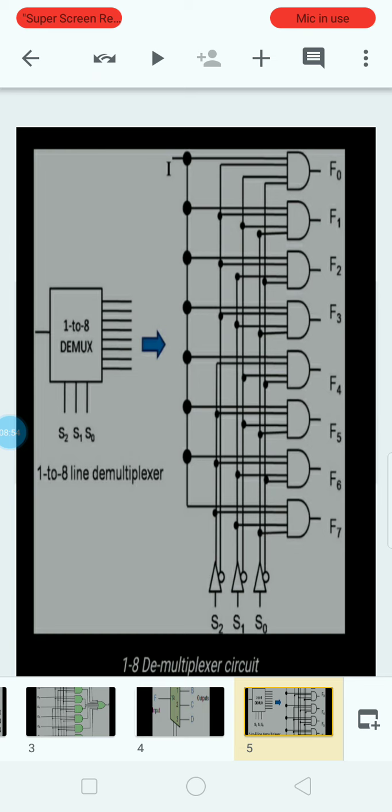If D is low, F1 is low, and if D is high, F1 is high. So, the value of F1 depends on the value of D, and the remaining outputs are in the low state.